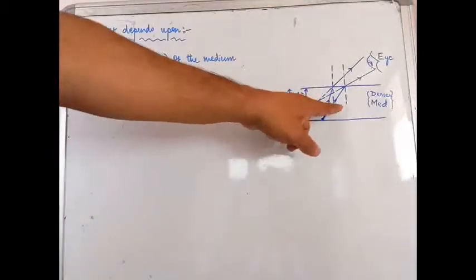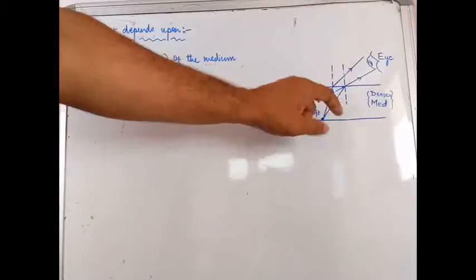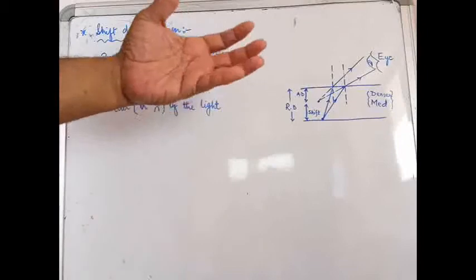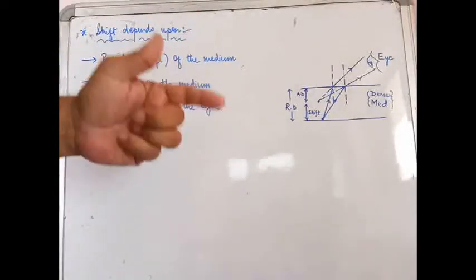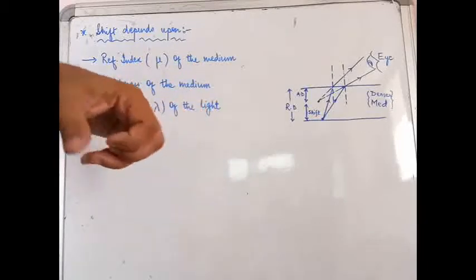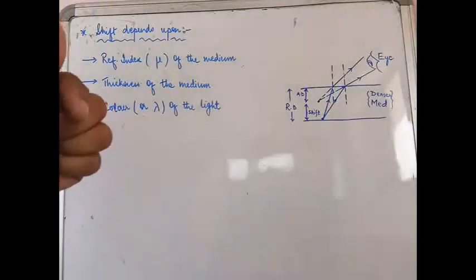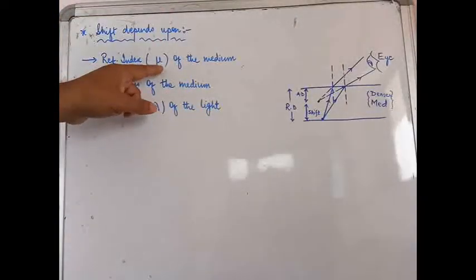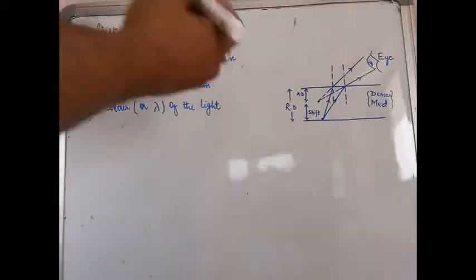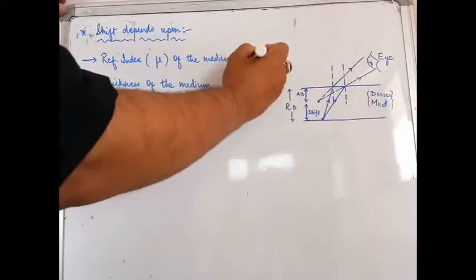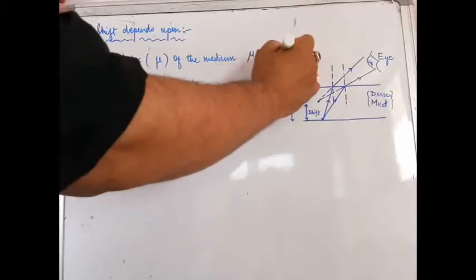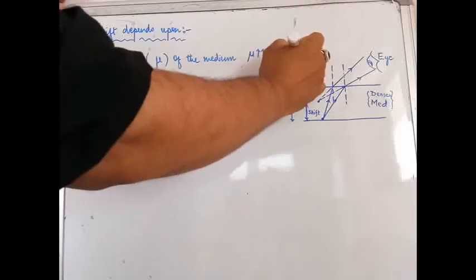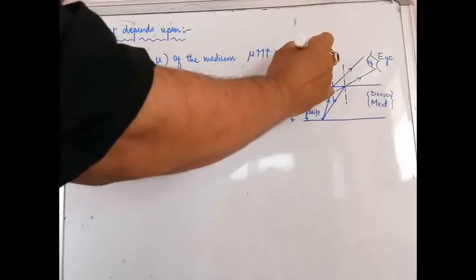If you replace this particular dense medium with another medium which is even more optically dense, by saying that a medium has optically more density, what we mean is an even greater value of mu. So what we can simply say here is, as long as your mu value keeps on increasing, your shift will also keep on increasing.